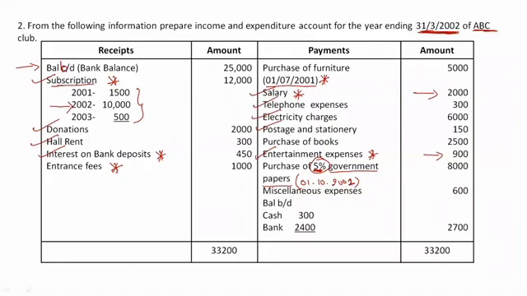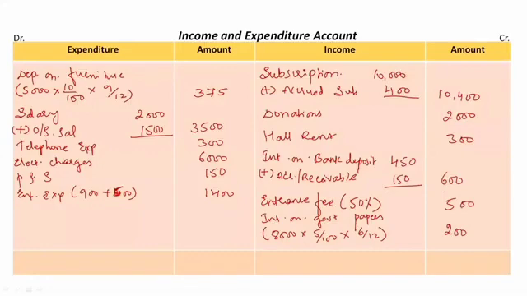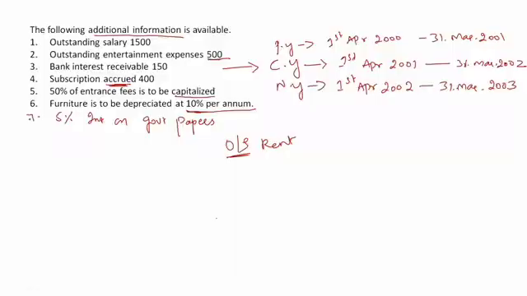Then back to the question, we have miscellaneous expenses. It's nothing but other expenses. So 600 rupees, it's my revenue expenses. In the expenditure side, miscellaneous expenses, there is no adjustment, so as it is rupees 600.